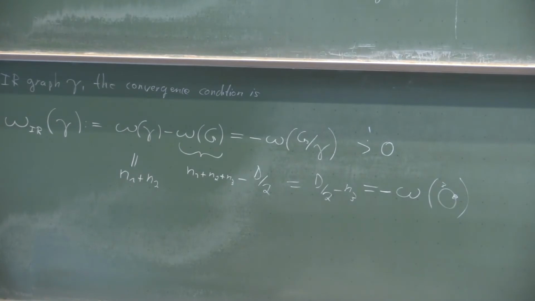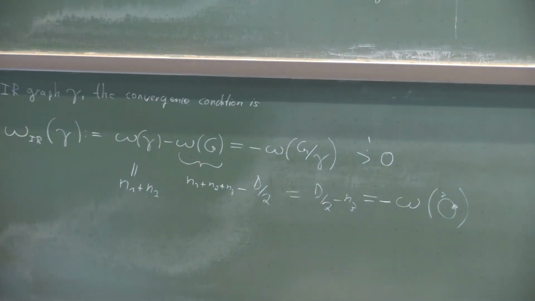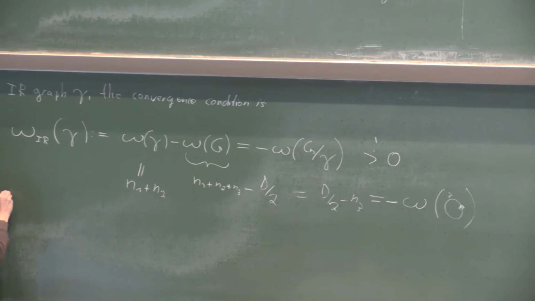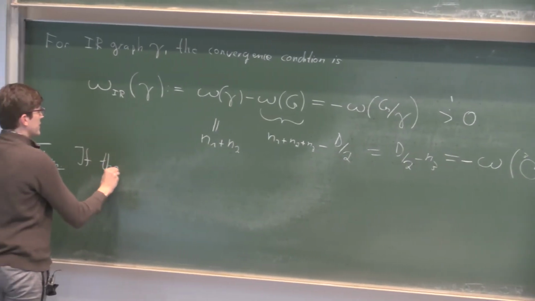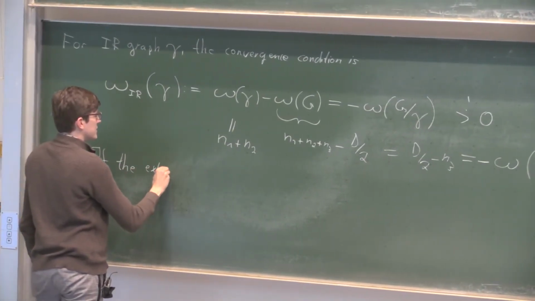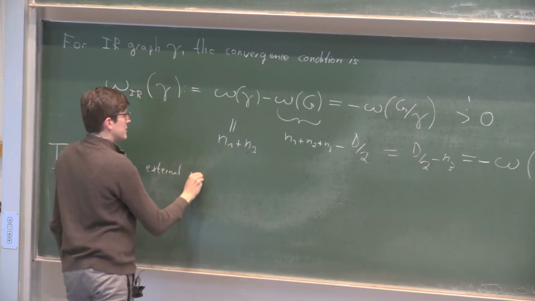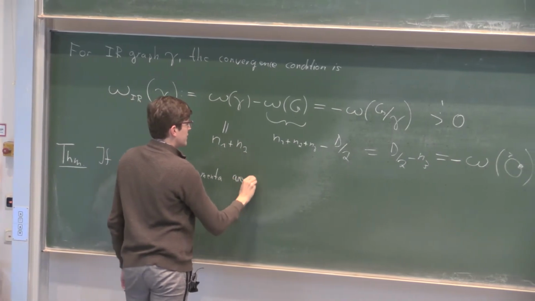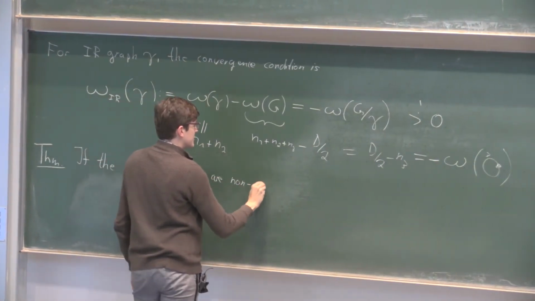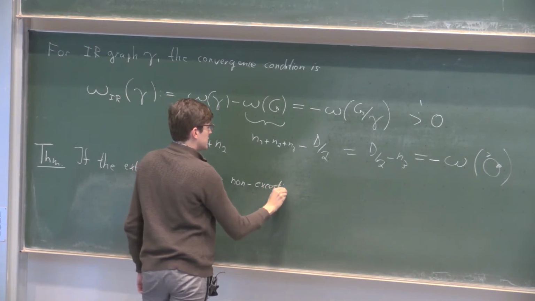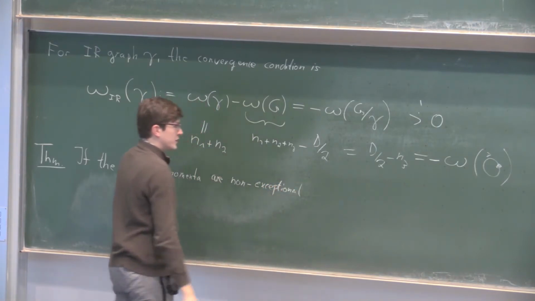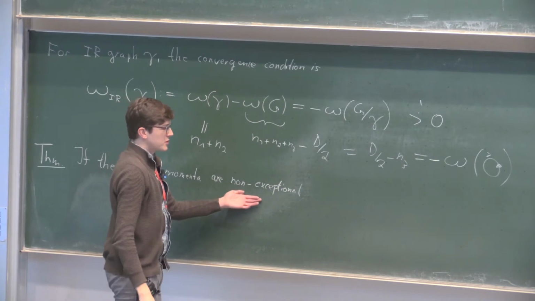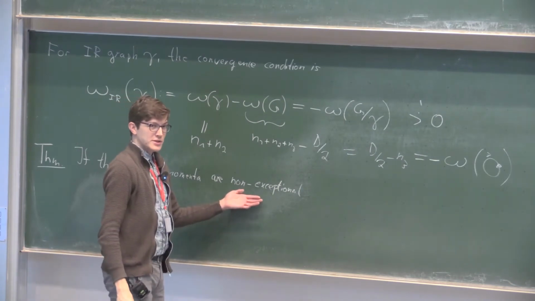And as I said last time, you can use these power counting conditions to avoid all of this looking at the Newton polytope. So the theorem is that if the external momenta are non-exceptional, so by this I mean they're not 0, they're not on any mass shell, so they're generic, yeah?